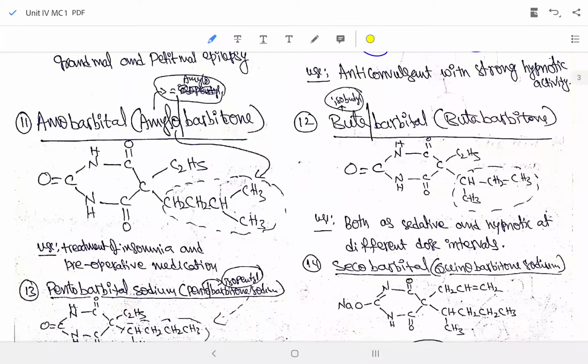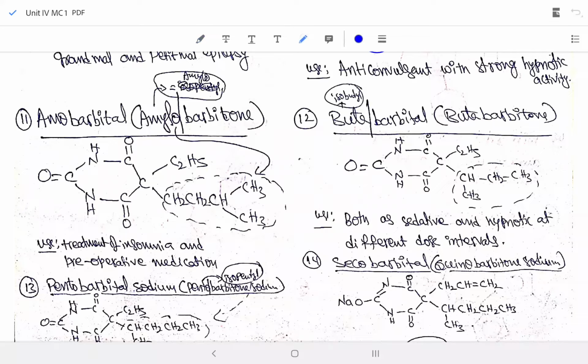Then amobarbital: one of the side chains at the fifth position is an amyl group, CH2CH2CH further attached with two methyl groups. So that is the reason for amobarbital.